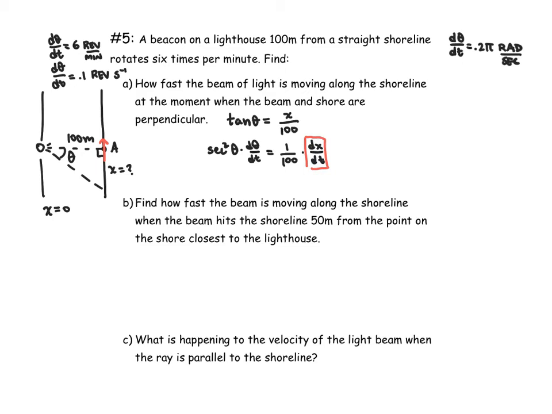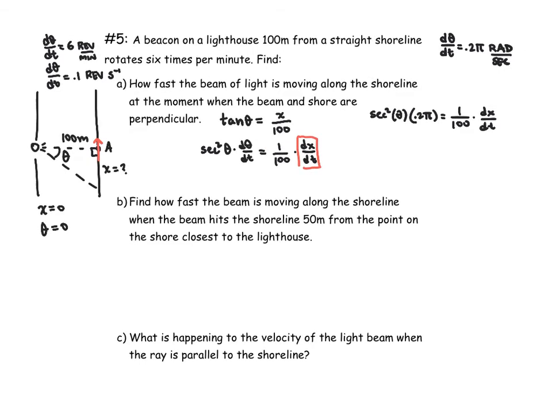Okay, so a little bit of work we got to do here. If x equals 0, then theta equals 0, which is helpful. So I'm going to plug a 0 in for theta, so that'll be secant squared of 0 times d theta dt. d theta dt we determined was 0.2 pi. I've got 1 over 100 times dx dt.